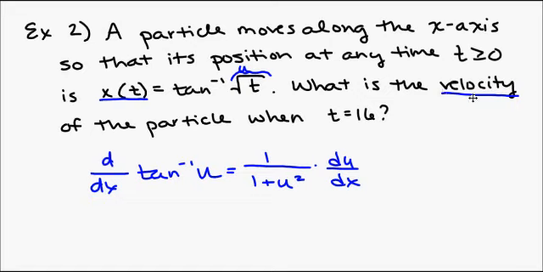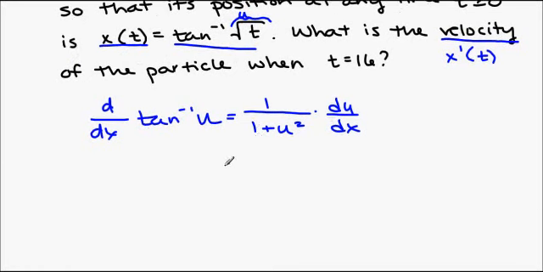Remember, velocity is the first derivative of the position function. So this is x prime of t. That's what we're looking for. So basically, we're looking for the derivative of arctan of the square root of t. So we want d dx of arctan square root of t.